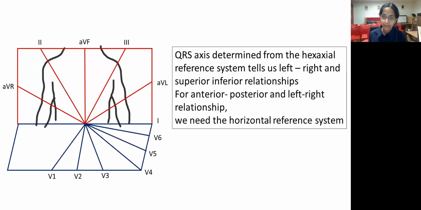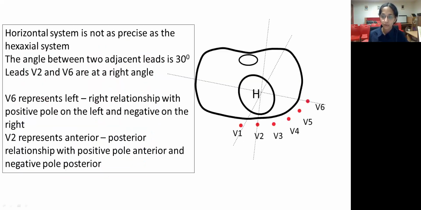And we know that we have 6 leads in the horizontal system, V1 to V6, and the angle between two leads is supposedly 30 degrees. And between V2 and V6 it is approximately 90 degrees. So here if you see, your V6 is leftmost and your V2 is anterior most.